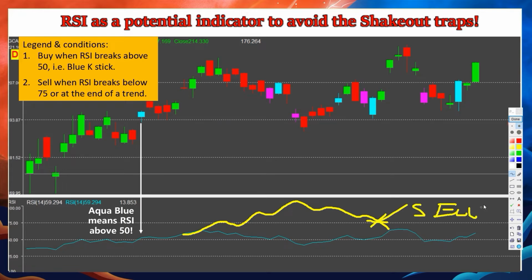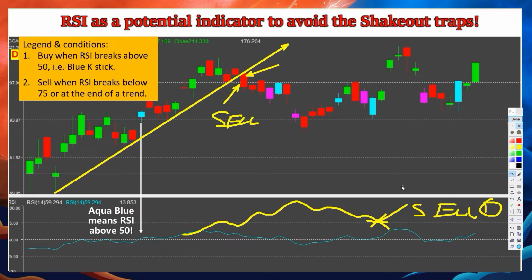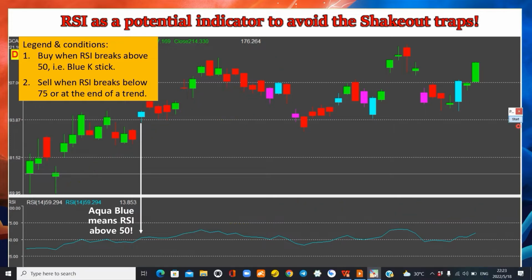Okay, this is one. The other one is when there's an end of trend. For example, this is a trend line. When there's an end of trend, like this bearish candle breaking below the uptrend line, this also triggers a selling condition. All right, so there are two options for you to consider a selling action.